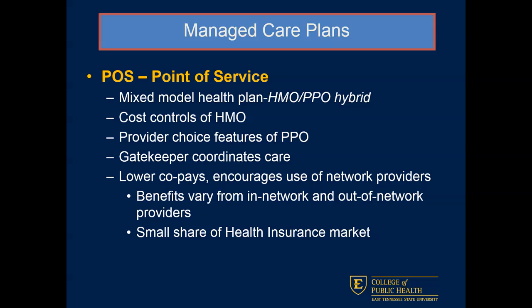So with a point of service plan, like I said, it combines the features of an HMO and a PPO. And they only represent a very small share of the health insurance market. So most policyholders under managed care are either going to have HMOs or they're going to have PPOs.